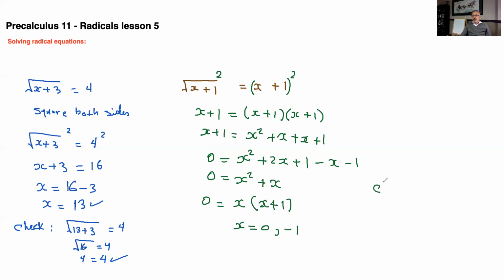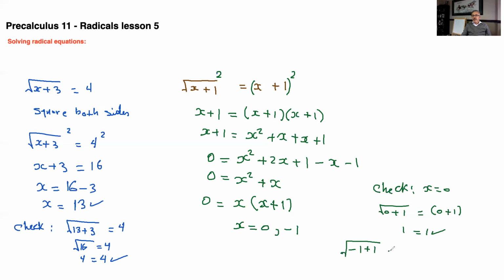Again, you have to go and check. So the first check is with the answer that's 0. Checking for x equals 0. If I put 0 there, 0 plus 1, that's 1, square root of 1 is 1, and that's 1, so that's check. I'm gonna check for the -1, so I'm gonna put -1 for the x plus 1.